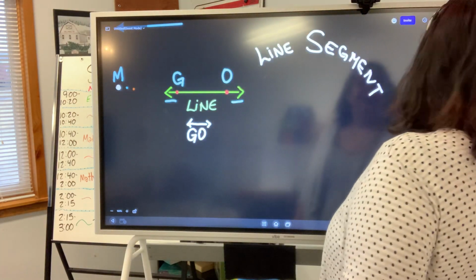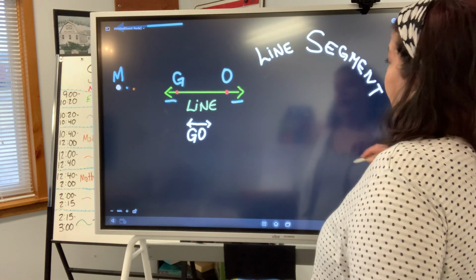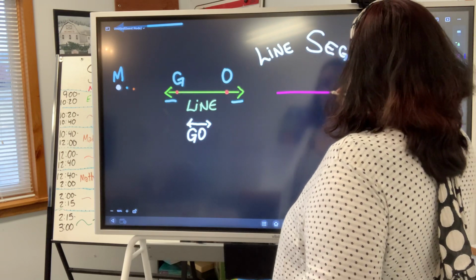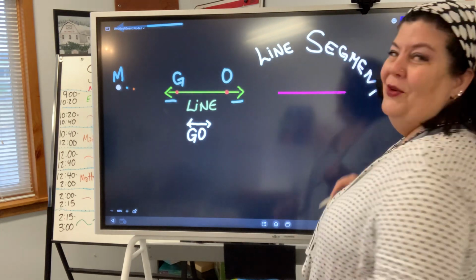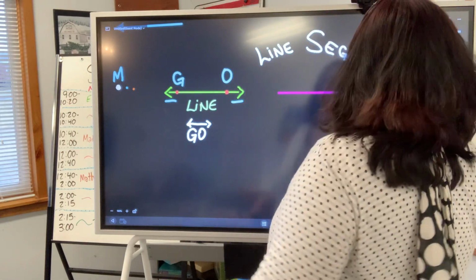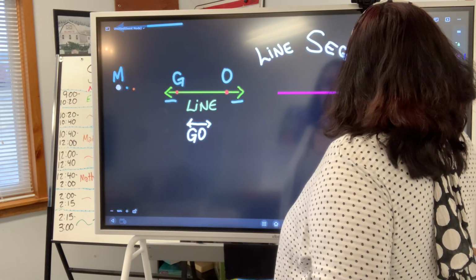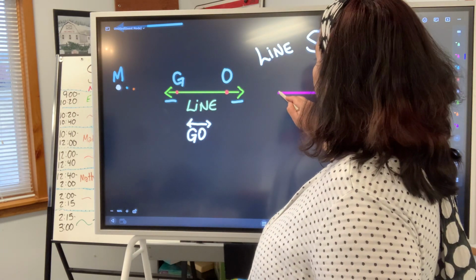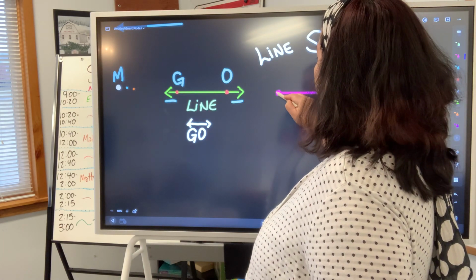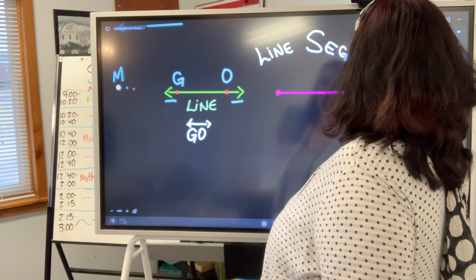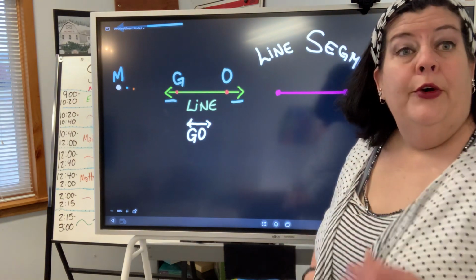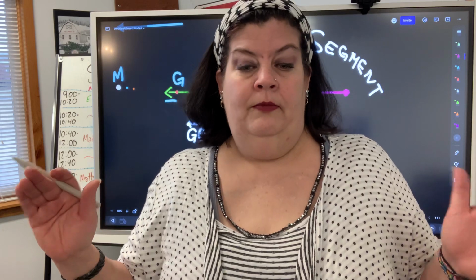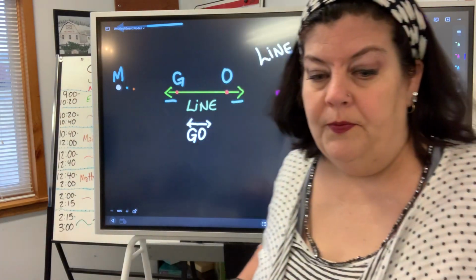And this is actually a line. I love it when this board makes those lines so perfect. And on each end, instead of having an arrow that goes on forever and ever, we have two points. Yes. And those points represent that they stop right there. That's it. That's as far as they go.